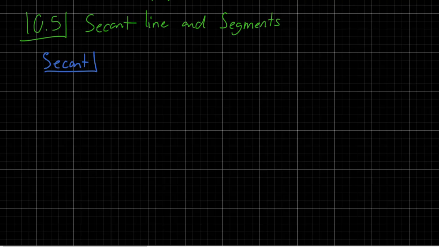We know what secant is, kind of, in algebra. Okay, let's draw a circle. A secant is very similar to a chord, except we do not stop at the circle. We just keep going out in both directions. This is a secant line.